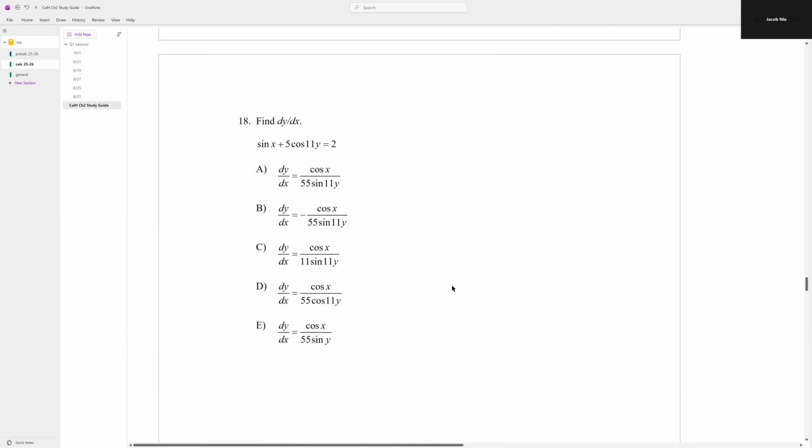Next question, more implicit differentiation. So once again, I'm going to take the derivative of both sides. So the derivative of sine x is cosine x.